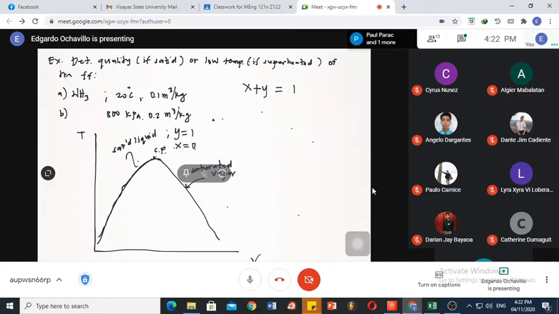And on the right side, if this is saturated vapor, we have your x, or your quality, equal to 1, and your y, moisture content, equal to 0. Okay?